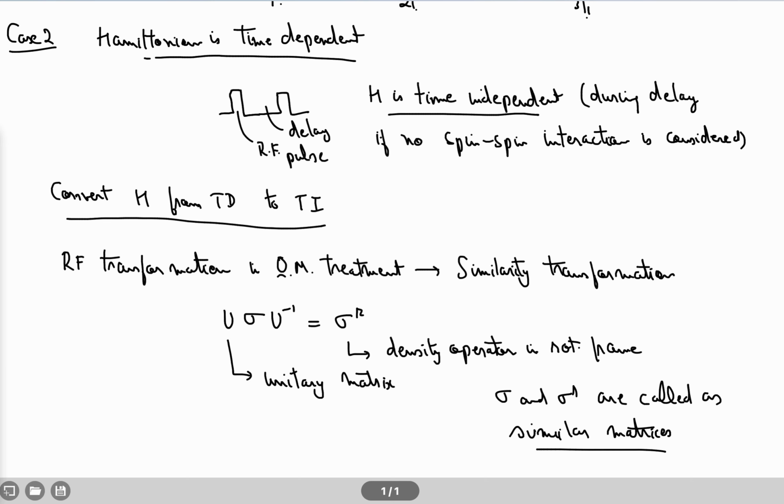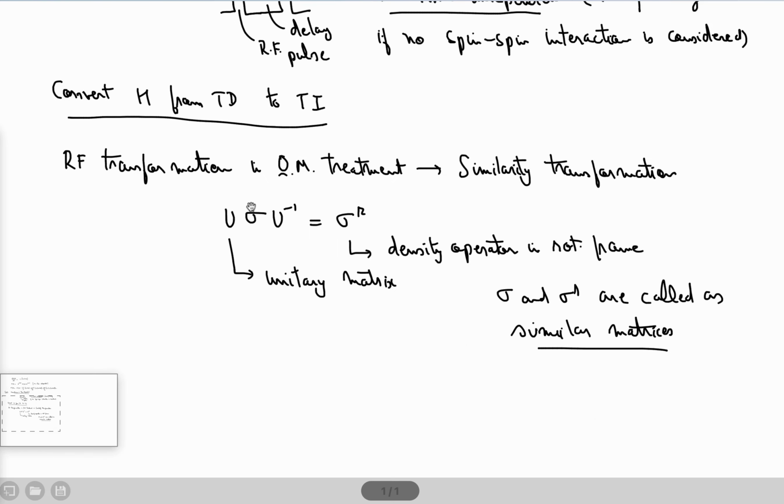All we are doing is finding a unitary matrix such that if we multiply the density operator on one side with U and on the other side with U inverse, we get a transformed density operator for which the Hamiltonian is now time independent.